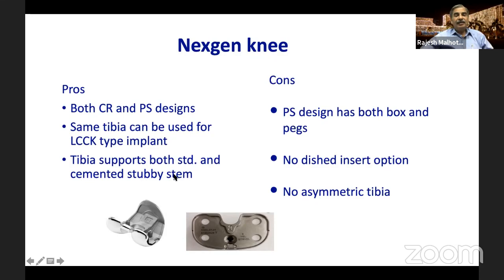And then basically the tibia supports both standard length and the cemented stubby stem. The cons are the PS design has both box and the pegs, that compromises the distal femoral bone. So if you have PS design, you can use a box implant or you can use a peg implant.